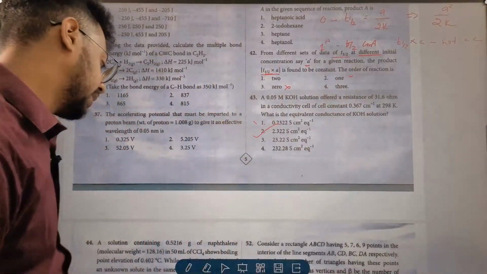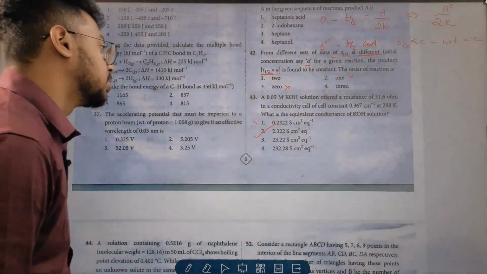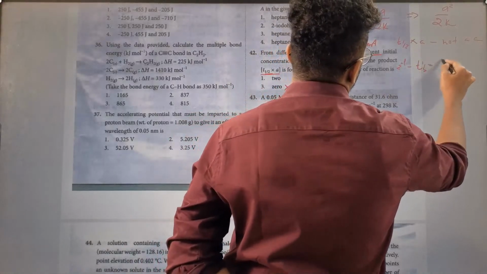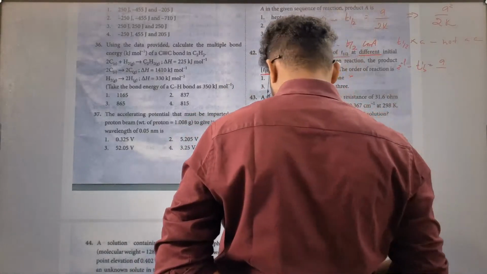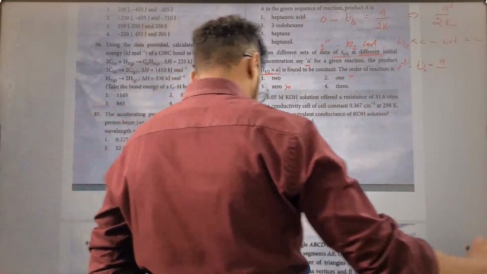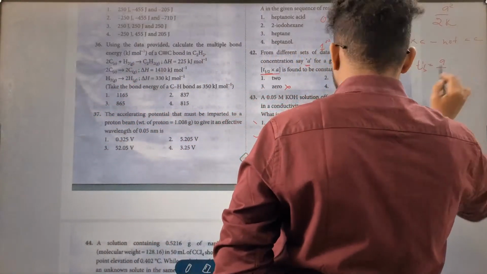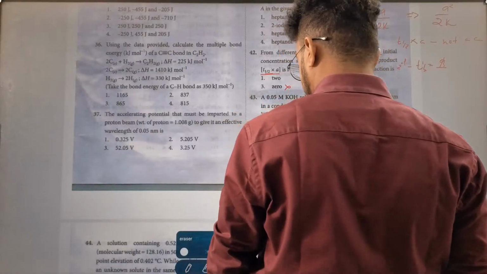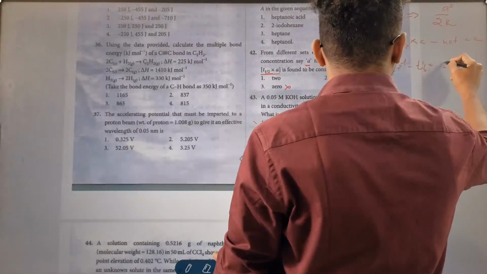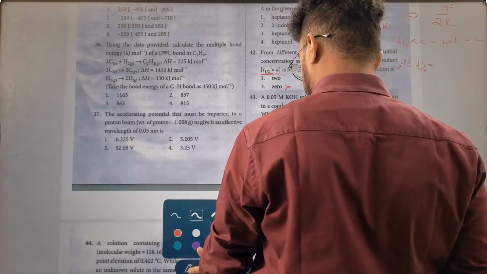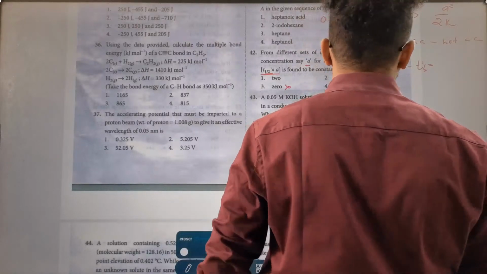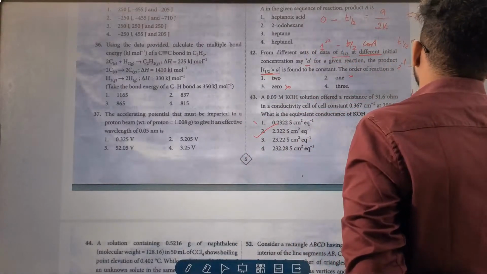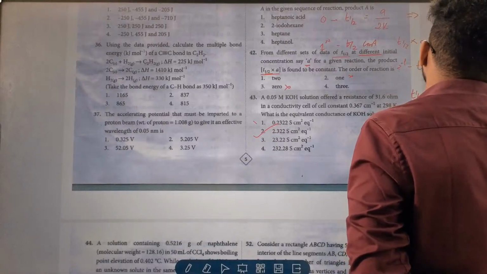Say it is a second order reaction. T half is equal to the general formula for second order, t half is equal to 1 by a into k, and t half multiplied by a is equal to 1 by k.